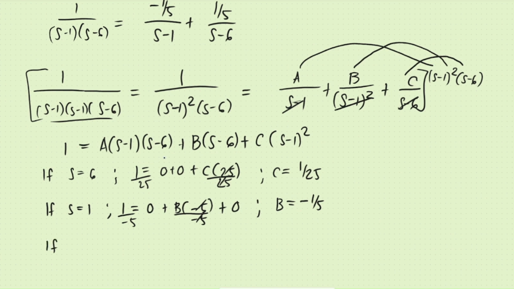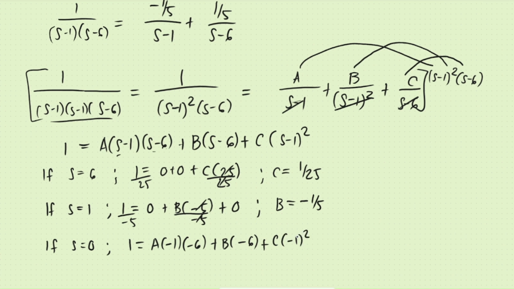Okay, for our a, we've already used the 6 and the 1 to make the other terms 0, so we just use s is equal to 0. If s is 0, this is 1 is equal to a times 0 minus 1 is negative 1, 0 minus 6 is negative 6, plus b times 0 minus 6 is negative 6, plus c times 0 minus 1 is negative 1 squared.